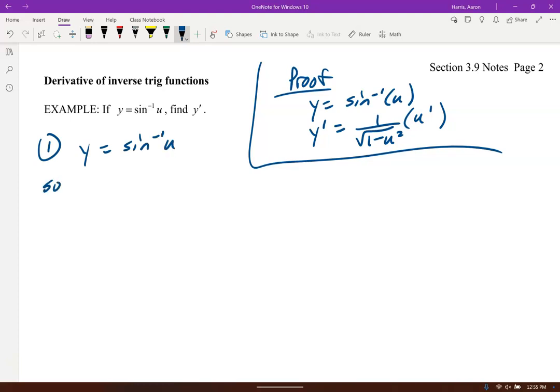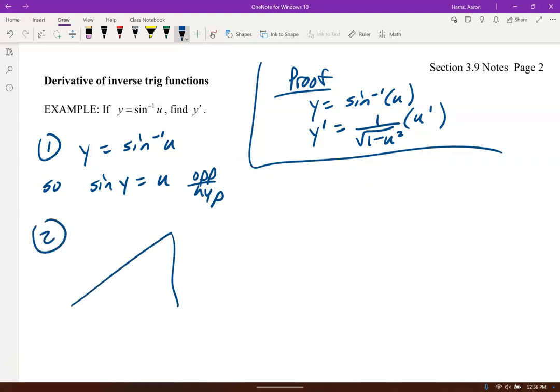Okay, so number one, we have y being the arcsine of u. So if I flip-flop my y and my u, the sine of y would then be u, right? And remember, the sine is opposite over hypotenuse, right? So let's go ahead and number two, let's draw this.